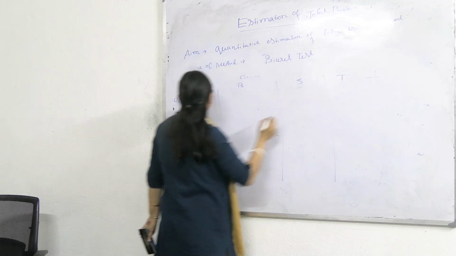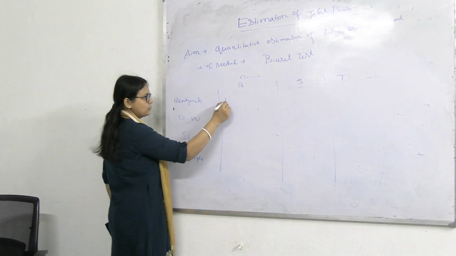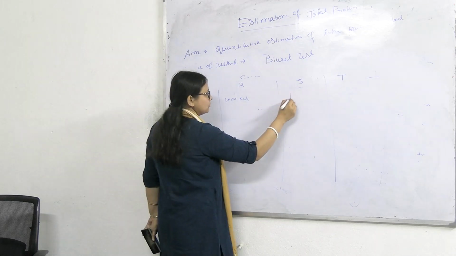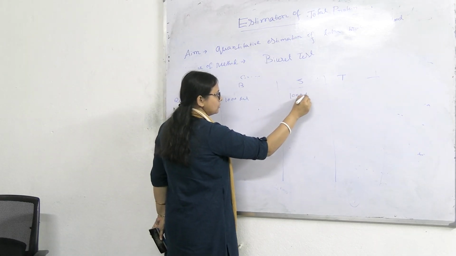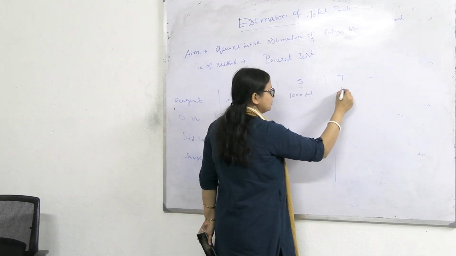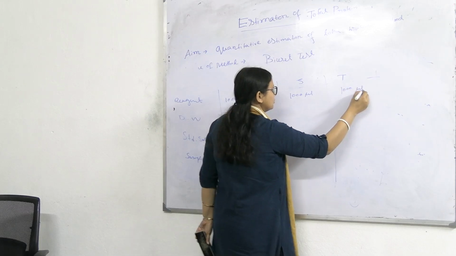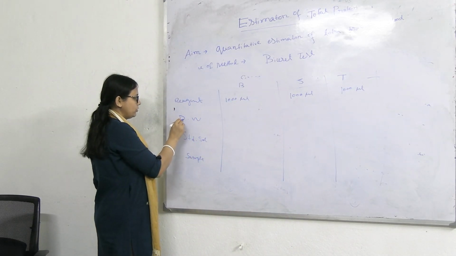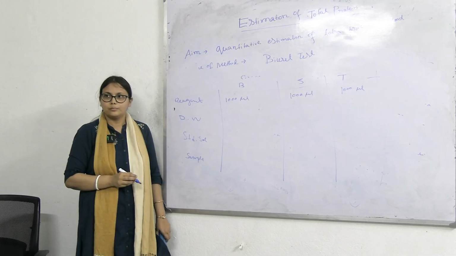Standard and test. So reagent 1000 microliters. So in which test tube will we give distilled water? Blank.